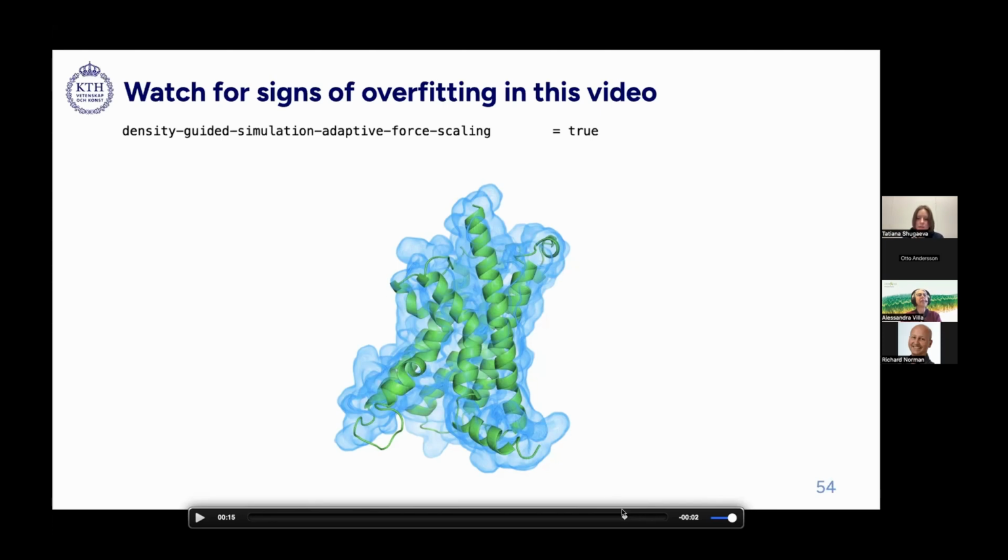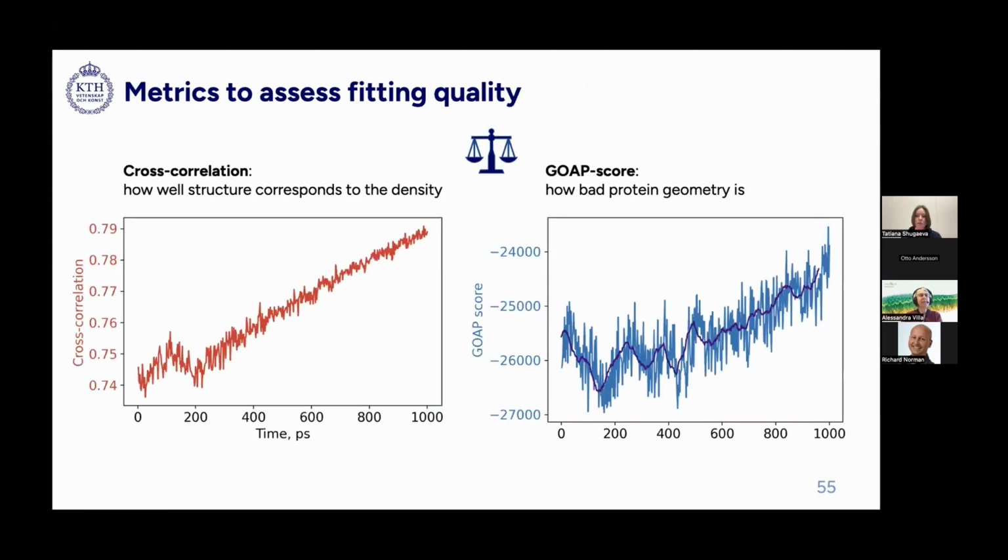So how do we pick atoms from the simulation part where everything looks good? The idea that we can use for that is cross-correlation and GOP score. Cross-correlation is a metric that shows how well the structure corresponds to the density, and we see how it increases over the course of the simulation. And GOP score is a metric that characterizes the geometry of the protein, how optimal it is or how bad it is.